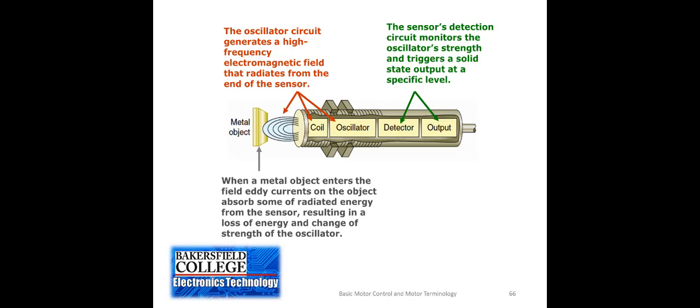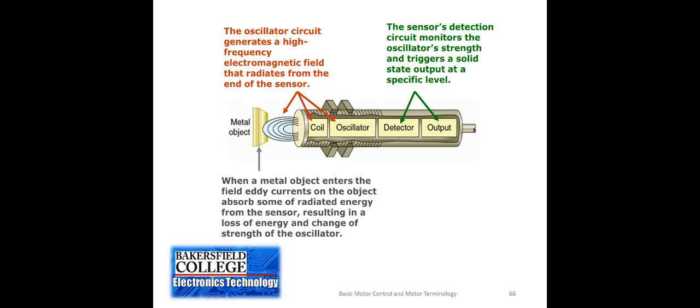However, when that object comes in contact with the field, not the device, but gets inside of that field, then the oscillator will not be able to create the pulses at that same frequency. It will slow the pulses down.